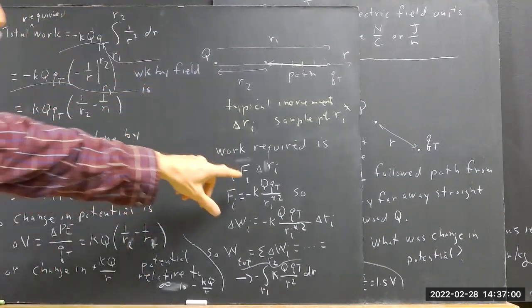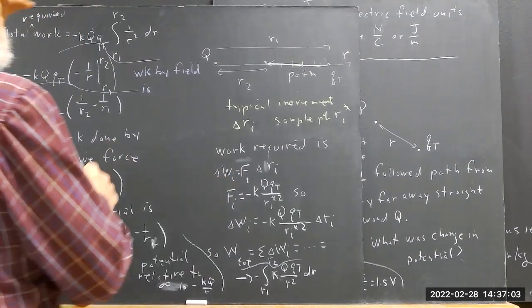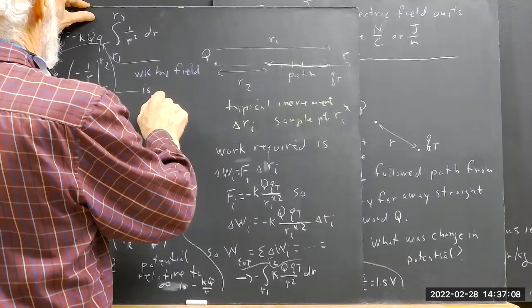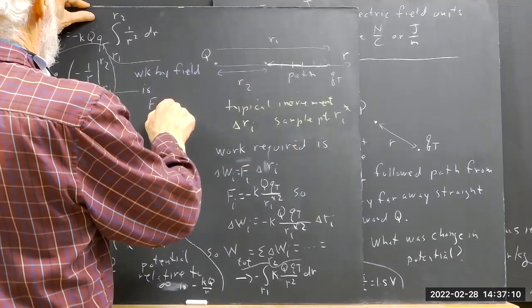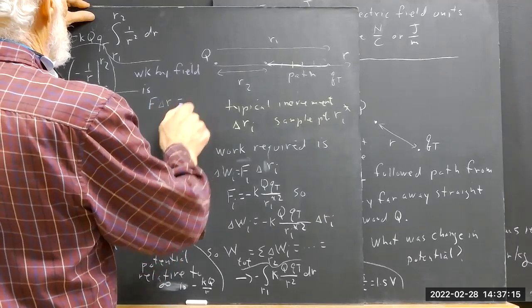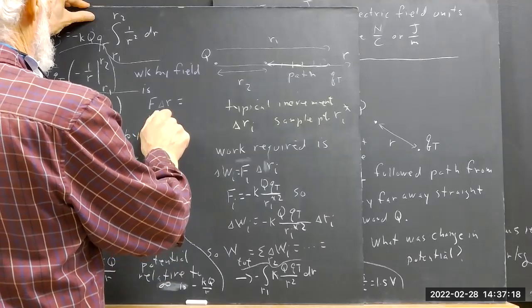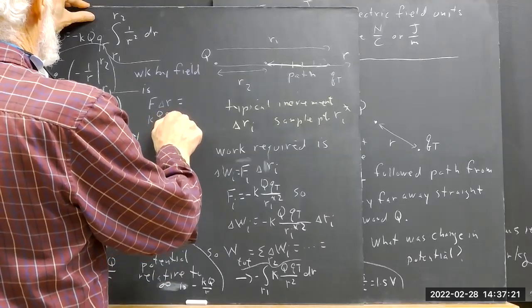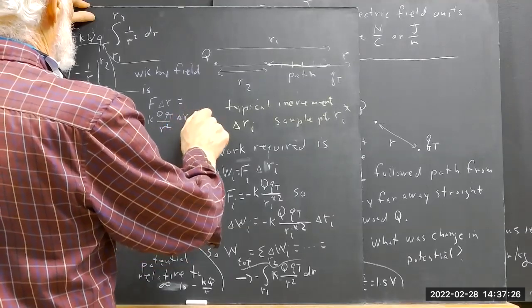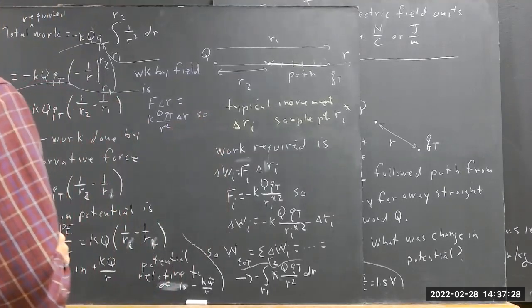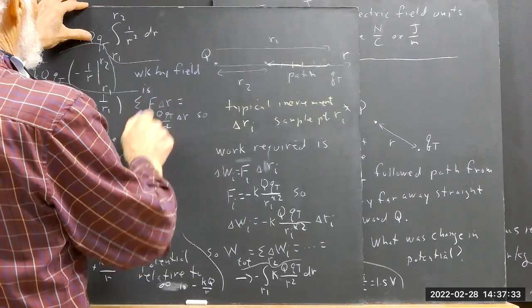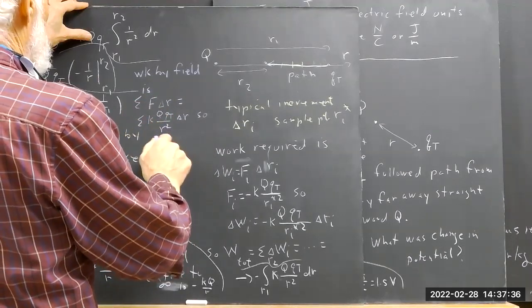Work done by the field on an increment is F delta R equals K Q QT over R squared times delta R. And I'll put a summation here. It's a summation of this.